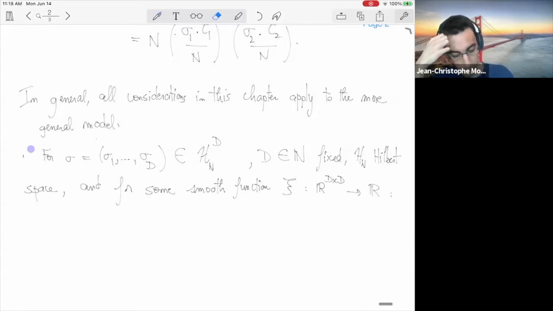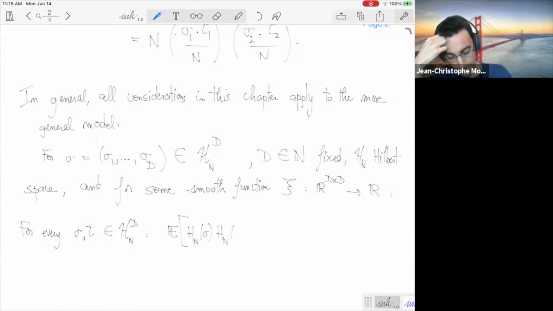We would want that for every sigma and tau in this product space, the correlation is n times this function psi of the matrix of scalar products.